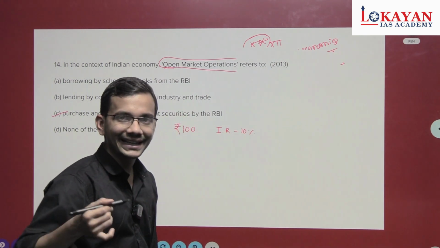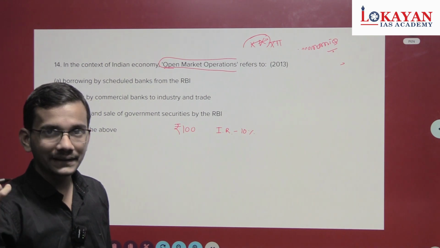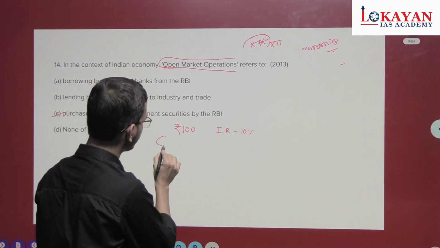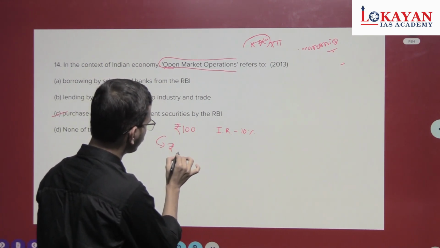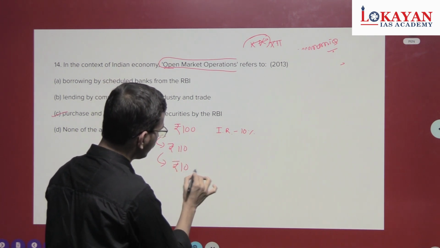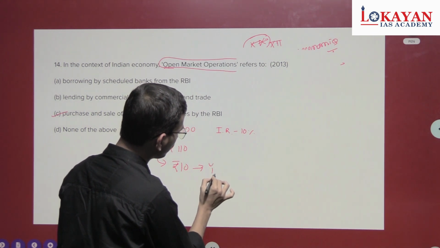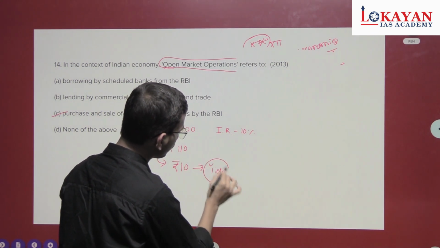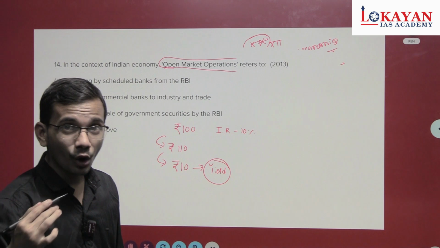So how much will I get after a year? Rupees 110. This 10 rupees is nothing but the yield. There is a yield on the bond.